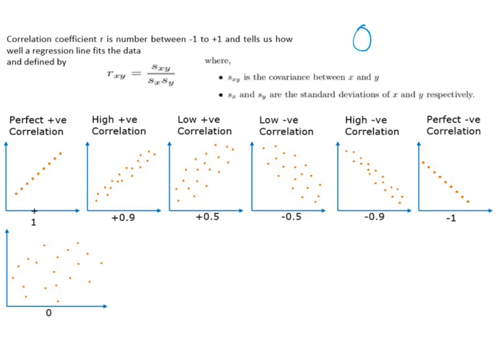And so it's always going to be 0 point something. The closer that number is to 1 or -1, it's said to have a higher correlation. Something like a correlation of 0.9 has a very distinct pattern, right?